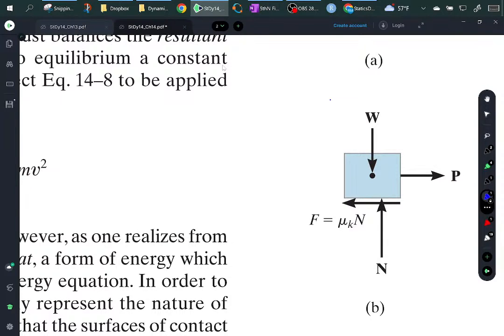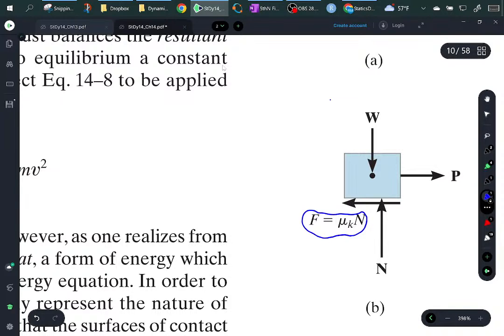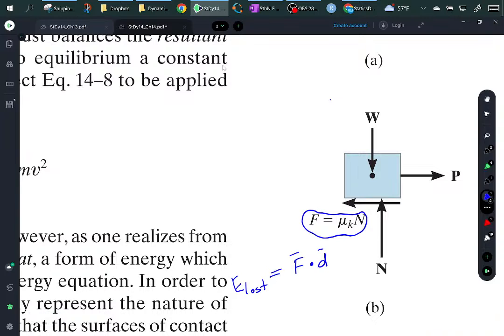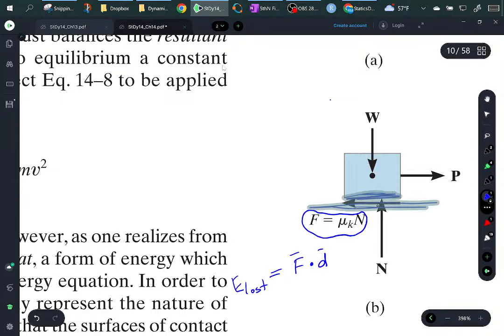But essentially, if you had a block sliding on a plane, you have a normal force. There's going to be your friction force as it's moving. And as it moves, this friction force times the distance it moves is going to be the work, or the energy, I'll just say E, lost. You've lost that energy. You're not getting that back. You're just heating up the bottom of the block and the surface you're sliding on. But it's not conservative. It cannot be harvested back.